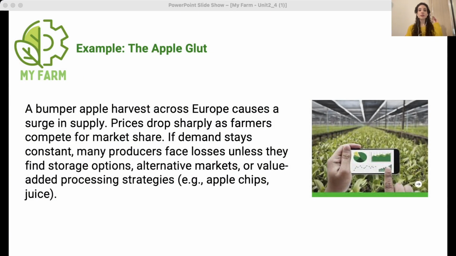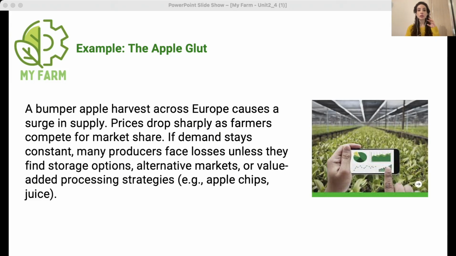To see how supply and demand interact in the real world, let's consider a concrete example, the apple glut example. Imagine a year in which weather conditions across Europe are ideal for apple production. Yields are high, quality is good, and almost every apple producer enjoys an excellent harvest. With so many apples entering the market at the same time, total supply increases dramatically.